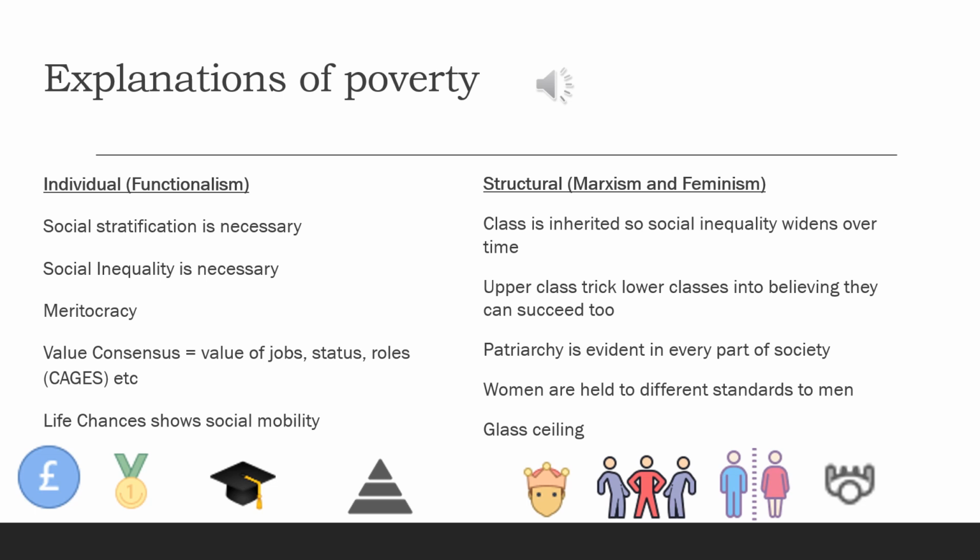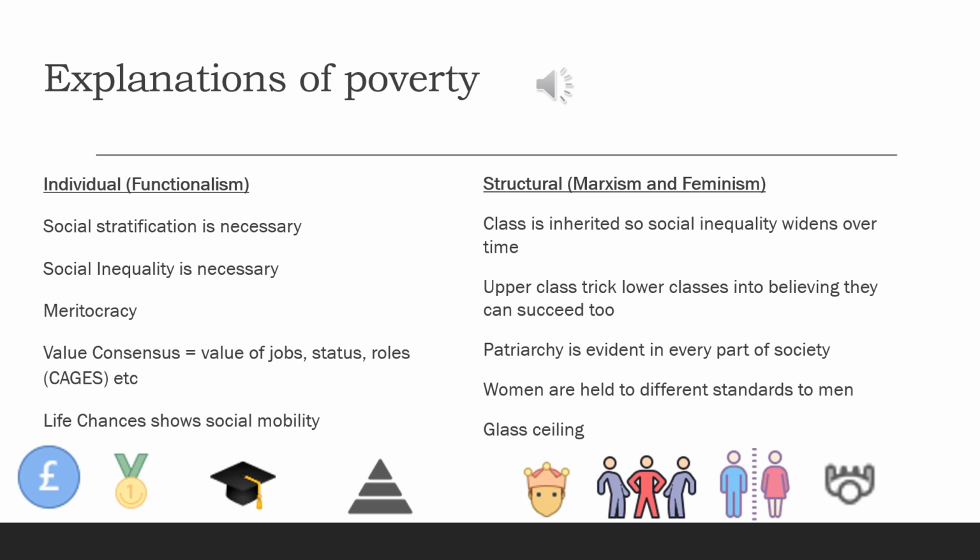Now, the last thing you might want to think about is how sociologists explain poverty. Obviously, as we've discussed in class, there's a lot going on in our society where poverty and the cost of living is in the news and in focus. Functionalism would talk about it as a feature, almost a necessary evil, of social stratification.